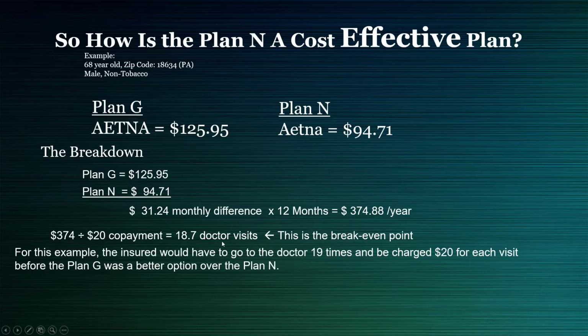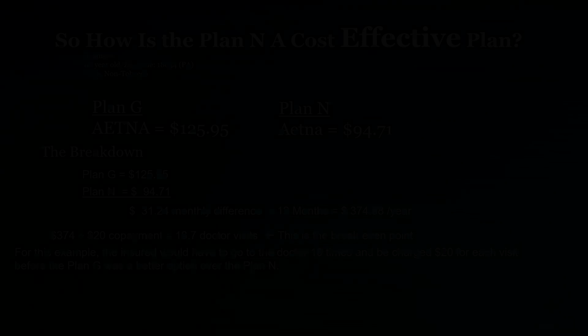If the insured would go to the doctor 19 times and be charged a $20 visit for each visit, Plan G would be a better option than Plan N. However, if the insured goes any less than 19 times during the year, they would be saving money on their plan. So for folks that frequent the doctor once, twice, 4 or 5 times, up to 15 times, 19 times in this example, again, it would be a cost-effective option to go with Plan N because you'd be saving money in the long term over the course of that year.